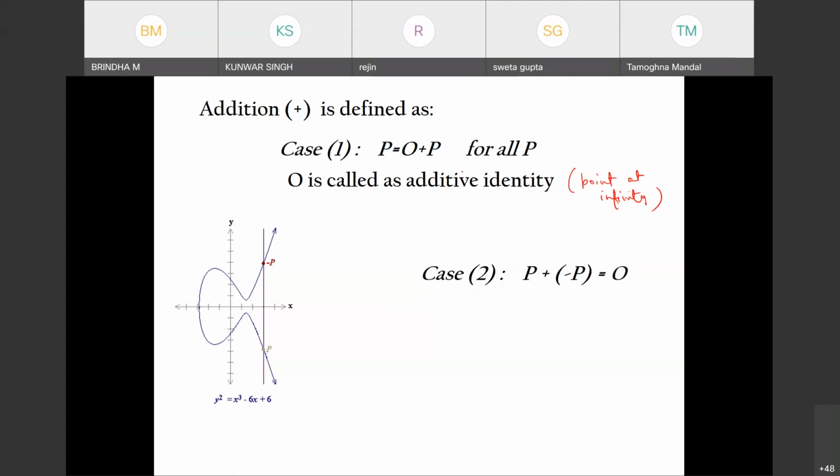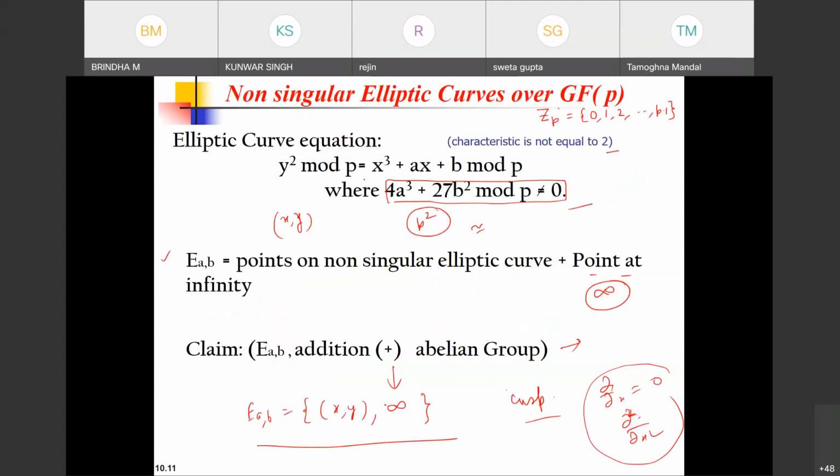So for all P, this is the case. Second thing, if you add P and the conjugate of P, the minus P is basically the conjugate of P. You know this curve is a symmetric curve.